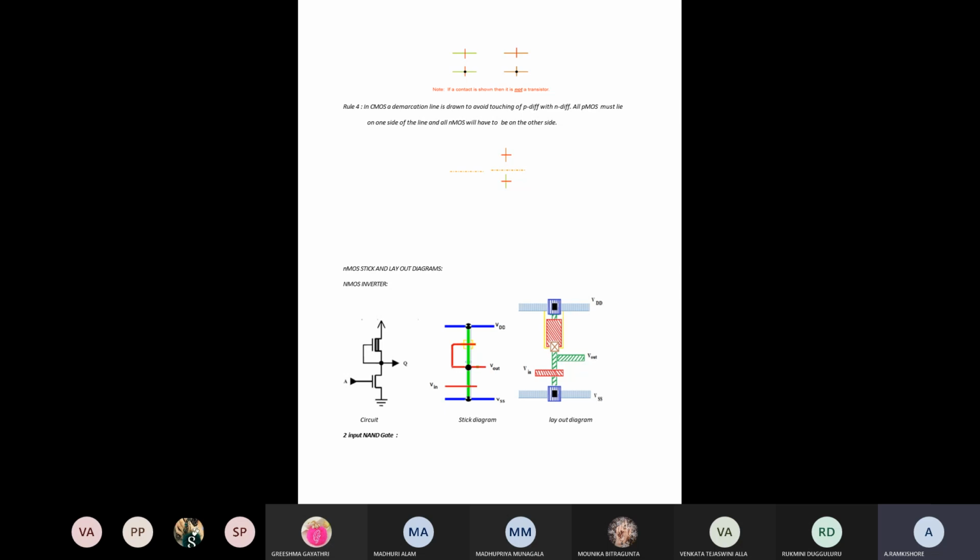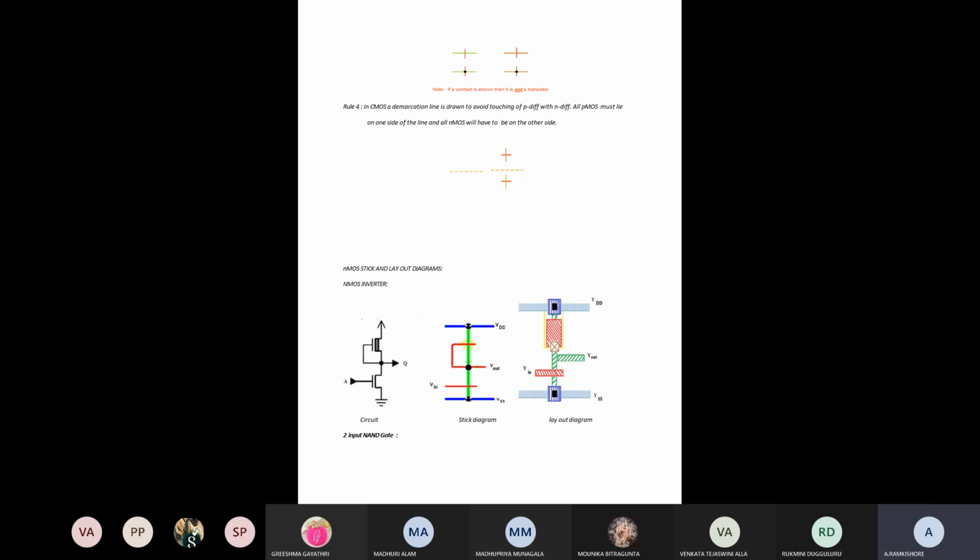In the first case, if a is equal to 0, the enhancement transistor will be in the off condition. Because we give 0 to the enhancement mode transistor, there will be no channel, so the electrons do not flow from one side to the other.